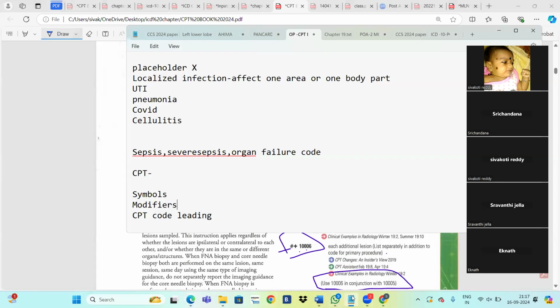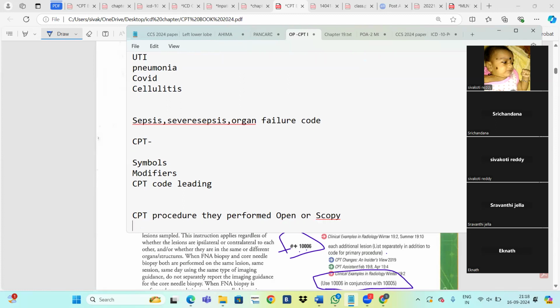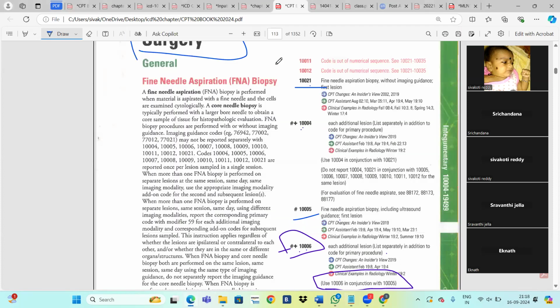Okay, they performed the procedure open or scopy. You need to check. For same procedure, if they performed under scopy, you will get different code. If they done open, you will get different code. Clear? I will show some example, then you will understand.